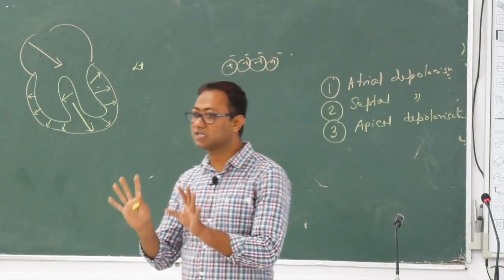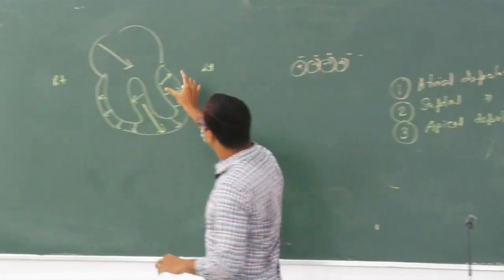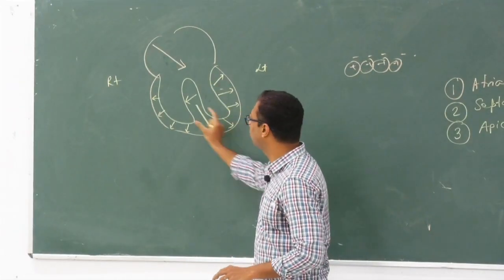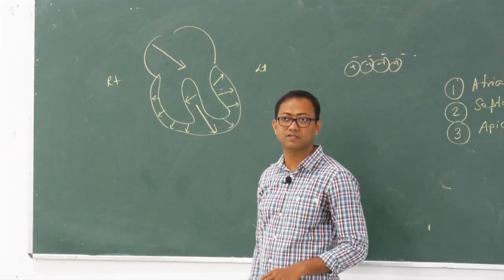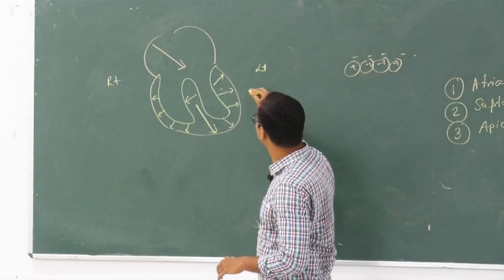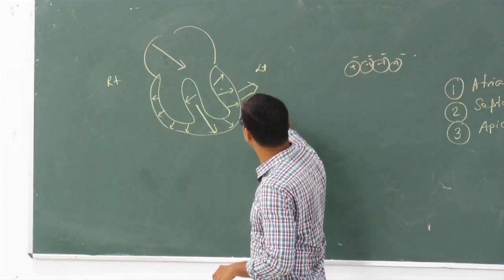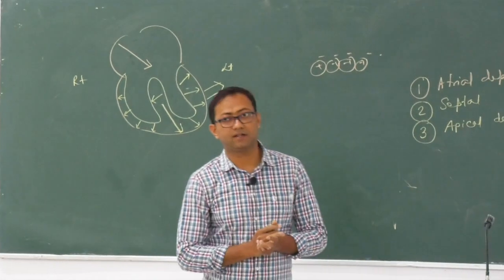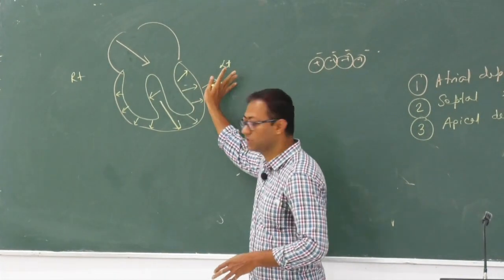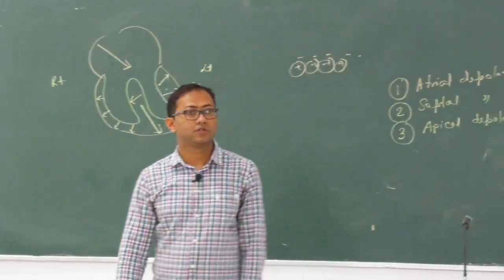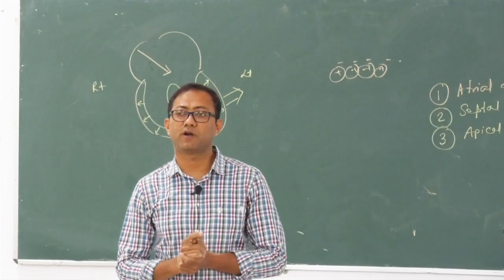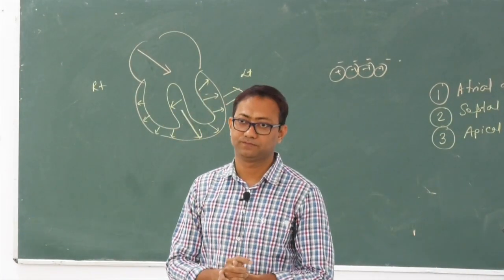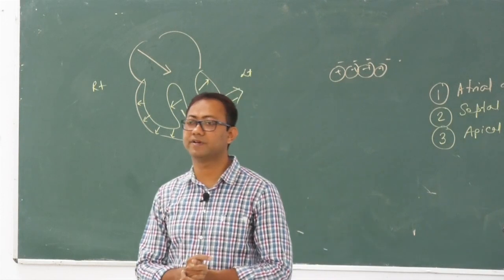As we know, your left ventricular muscle mass is more than your right ventricular muscle mass. The resultant vector will act in this way. So this is for depolarization of the ventricular free wall.